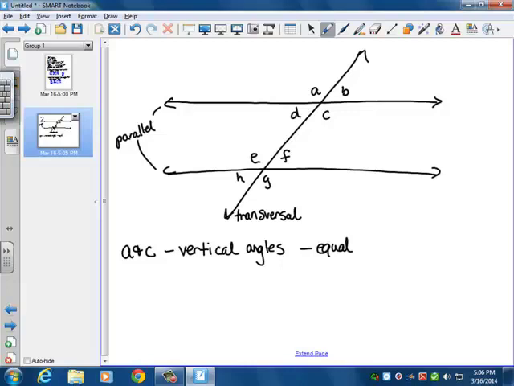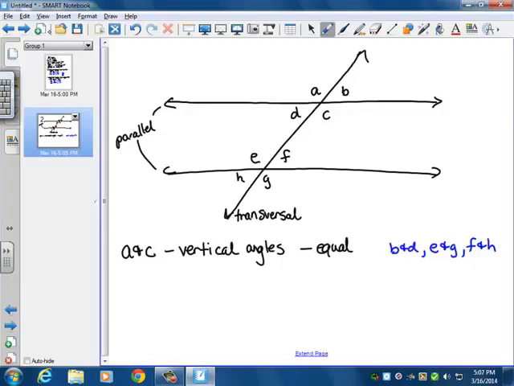They would always be equal. So some other vertical angles, I'll do this in a different color. The other pairs of vertical would be B and D, E and G, and F and H. Those all would be vertical angles. So vertical, kind of like kitty corner from each other.